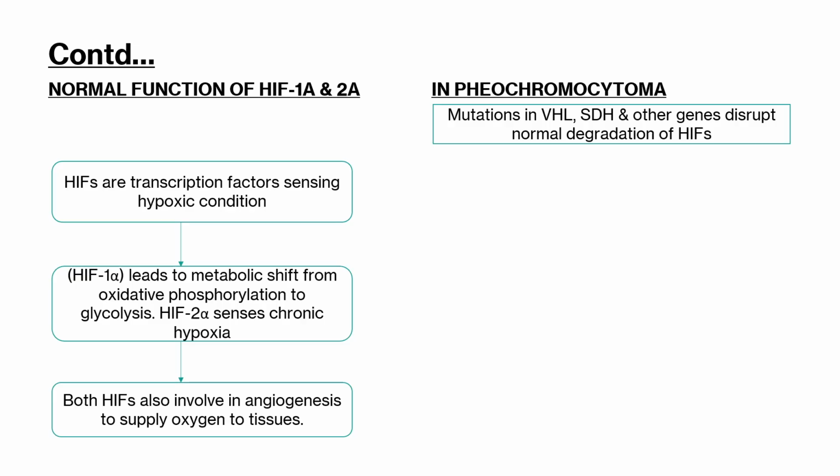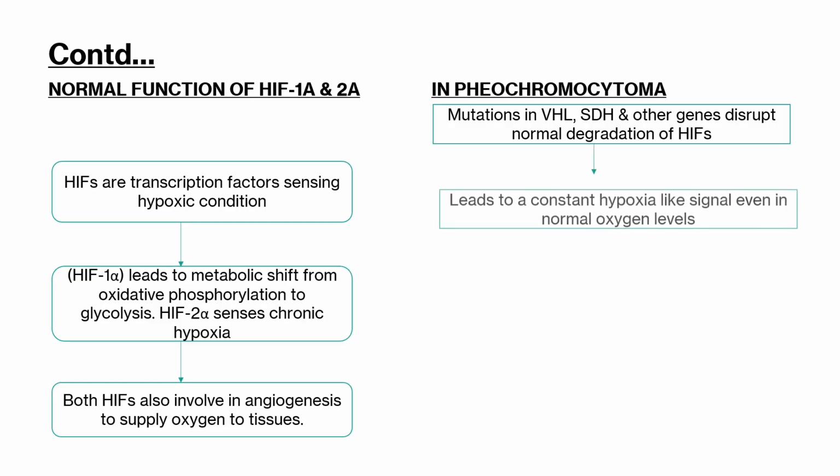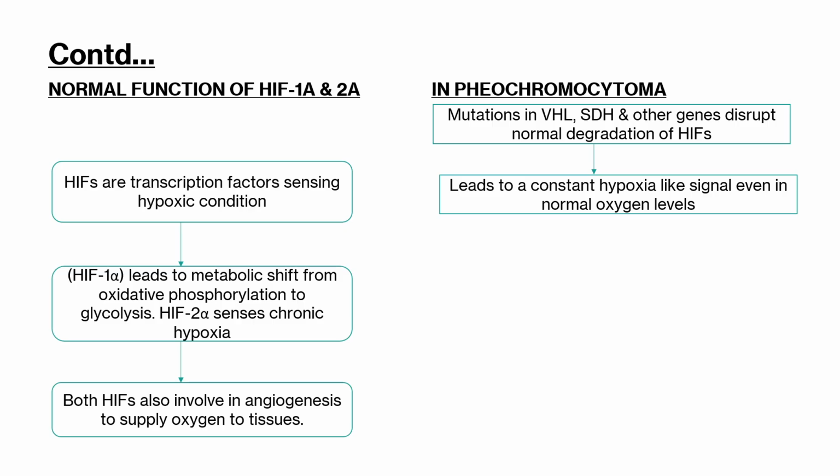But the mutation in genes like VHL, SDH, and others results in disruption of the normal degradation of such transcription factors. And what does it do? It leads to a constant hypoxia-like signal, even though the oxygen level inside the tissues and organs is normal.